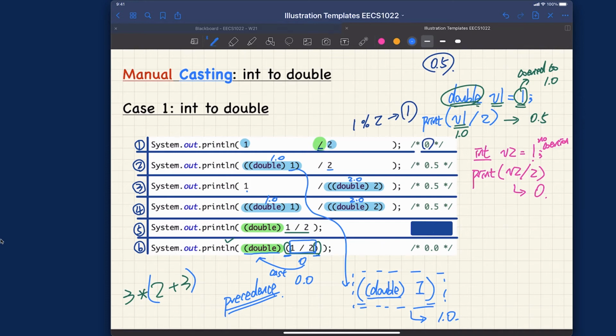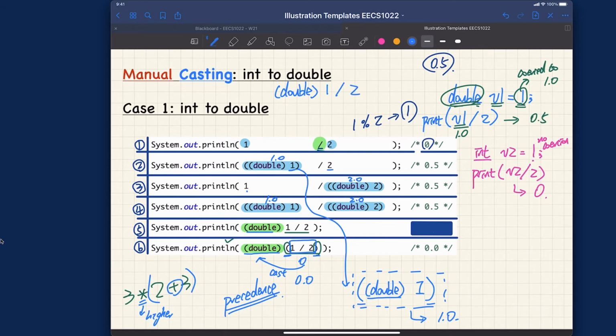For example, the multiplication has higher precedence than the plus, right? So now the cast over here has higher precedence than the division, which means when you write an expression like this, it is as if, let me write it down here. When you put double over here, and then 1 divided by 2, okay?